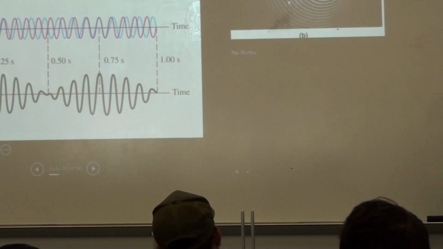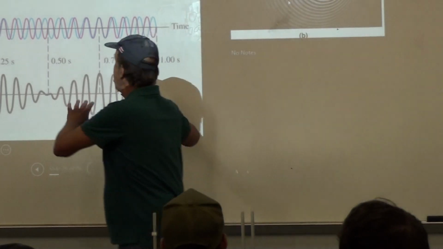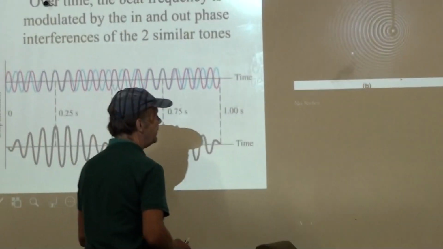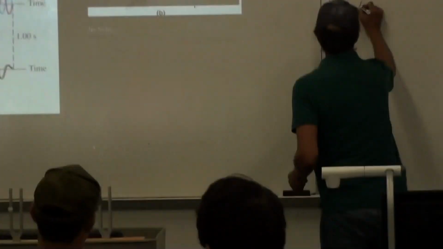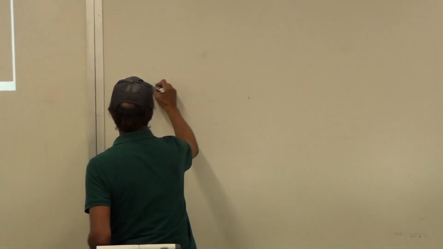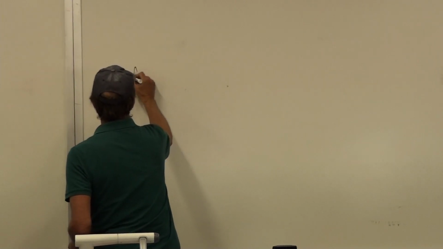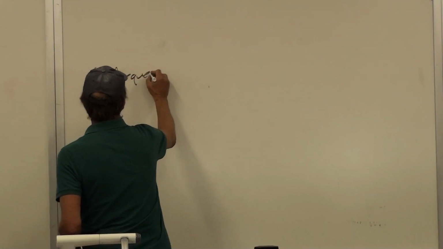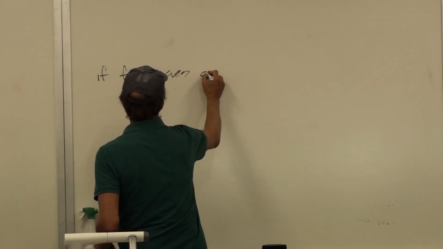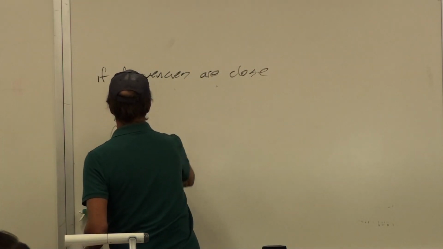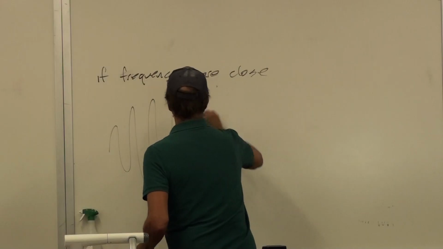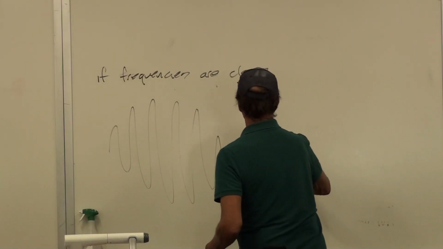So how does this all work? Well, when you add the two waveforms together, they go into and out of phase. And so if the frequencies are close to each other, then we have what's called a beat frequency envelope.